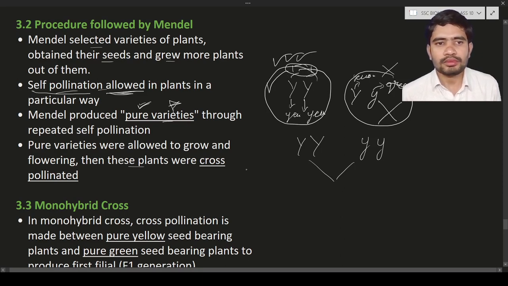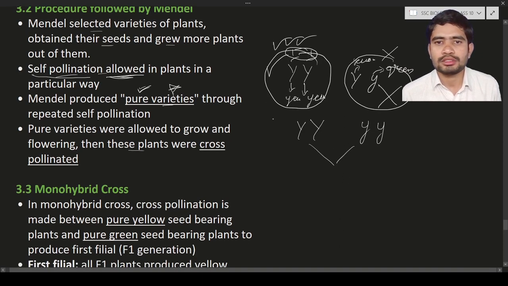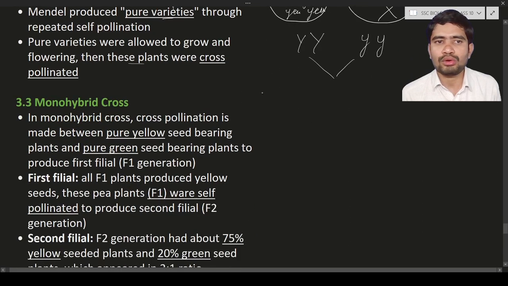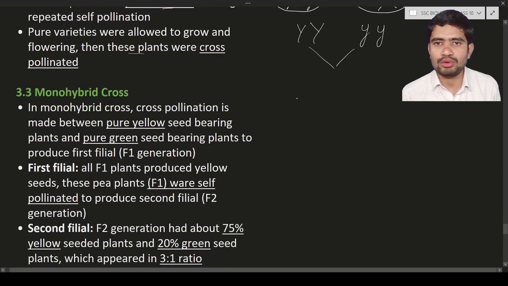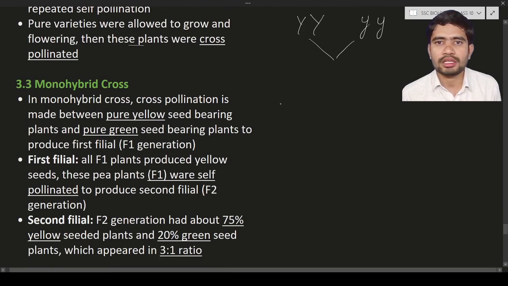Next is the monohybrid cross. Here, if you see the word, this is a monohybrid. What is monohybrid? Mono means one. Here the mono means one, and hybrid means contrasting characters. So here in this case, it is color. We are going to focus only on the color.